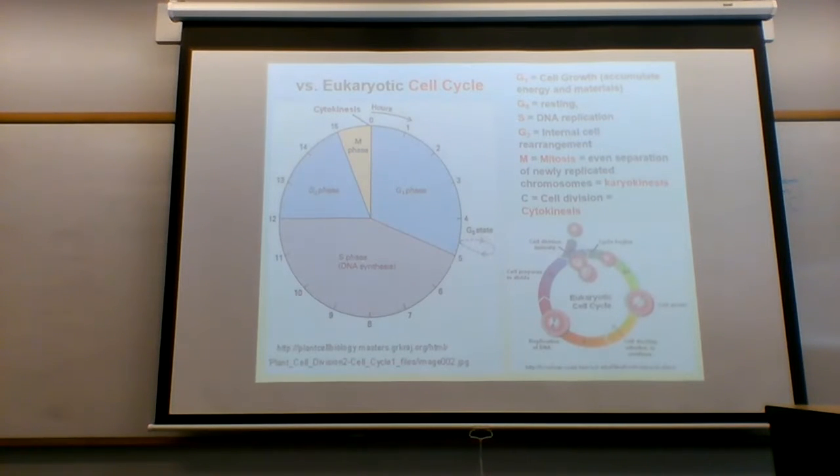Bacteria don't have these kinds of emotional notions, but they have evolved these control systems such that they do not go into cell division unless they have all the bits and pieces that they need. So, if you're going to divide, you have to accumulate a fair amount of stuff.